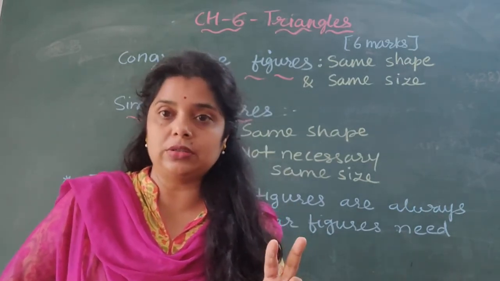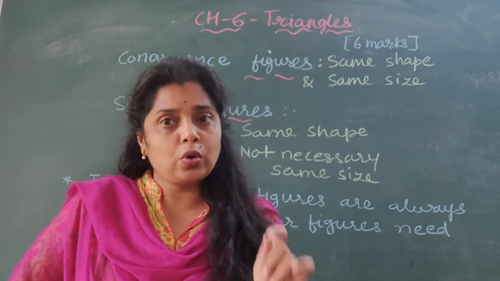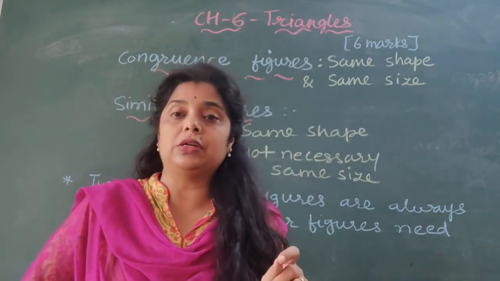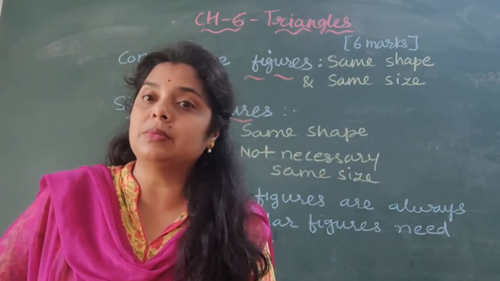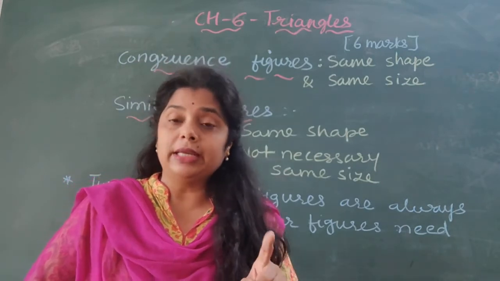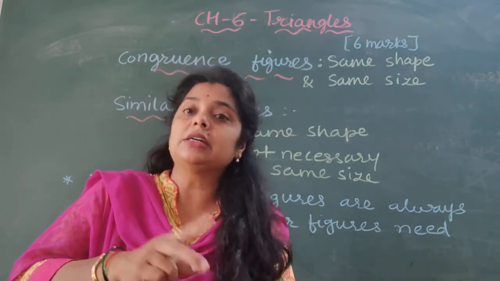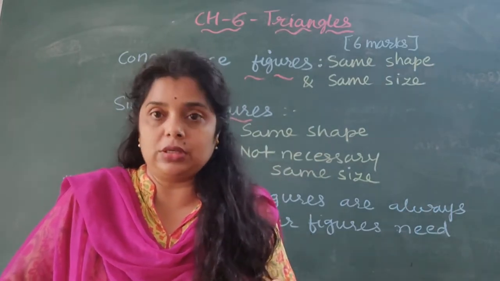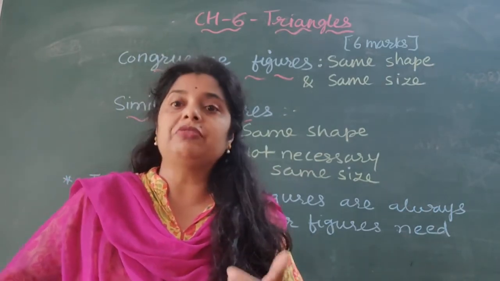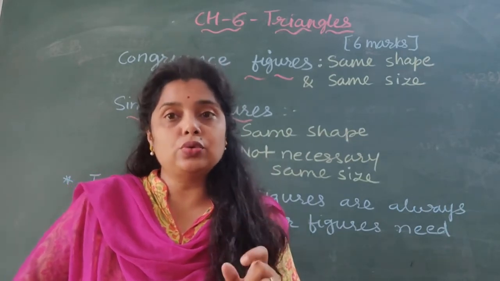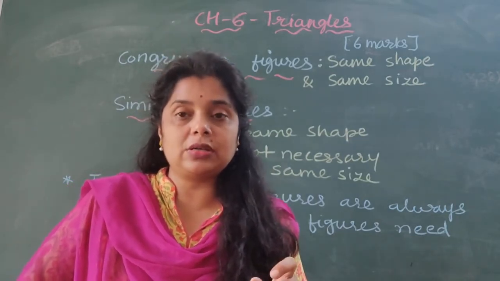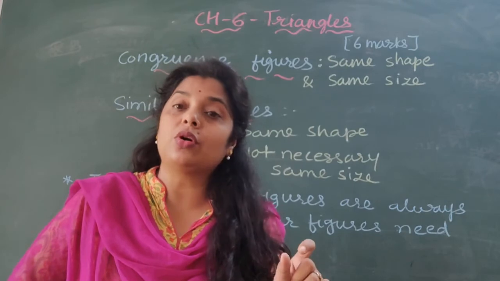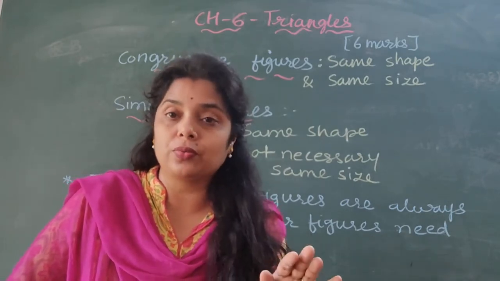If two figures are congruent, then those two figures are also called similar figures. But its converse is not true. Converse means its opposite. If we reverse it, so if I say that two similar figures are congruent also, it is not true.